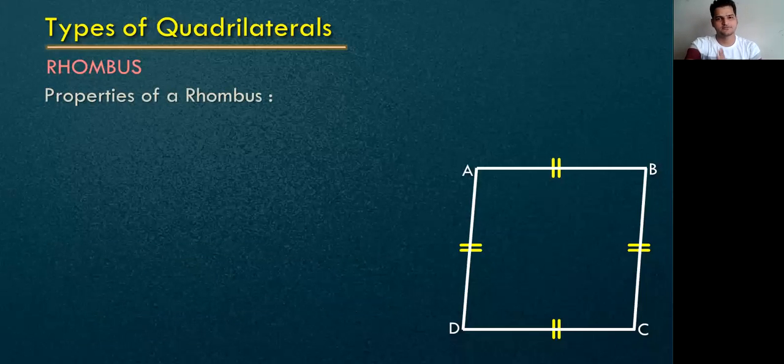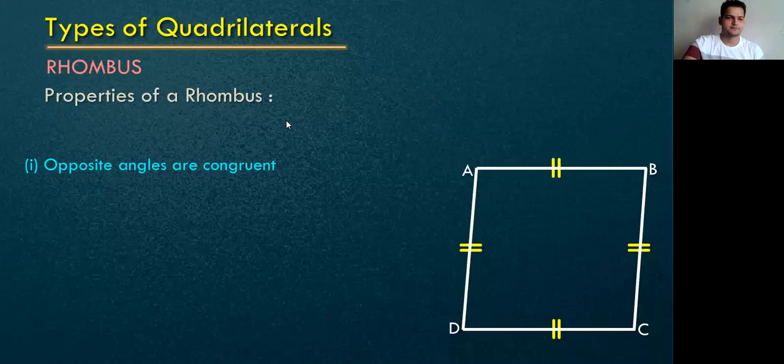So now let us move ahead to the properties with respect to the rhombus. First property: the opposite angles of a rhombus are congruent. I'll repeat, opposite angles of a rhombus are congruent. For example, opposite angles, meaning the angles facing each other. If you have angle A, then its opposite angle will be angle C. Correct?